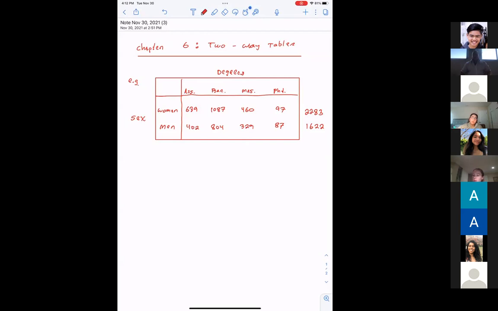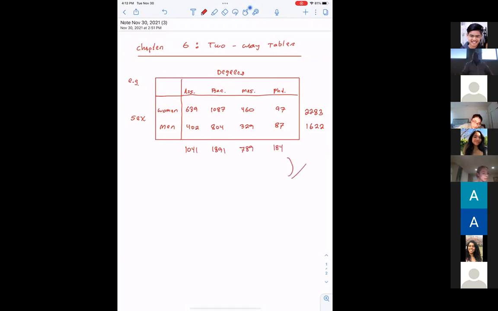And what is the other marginal distribution that I can create in this scenario? For which variable? For the degrees. And in that case, I don't care about the individual values in the table, but I do care about the values for the different degrees. And I would use the values in that margin.